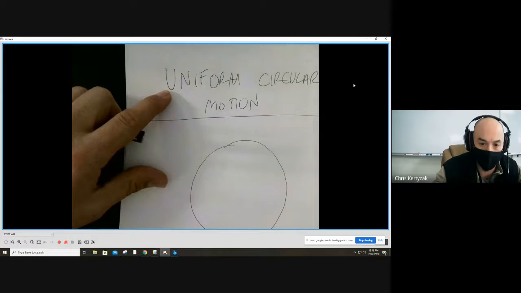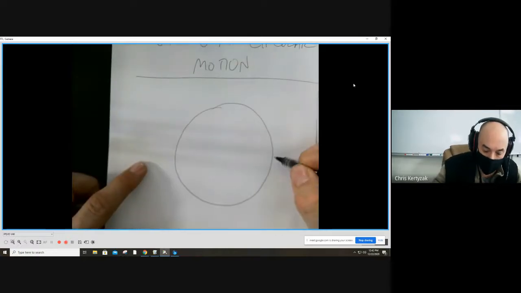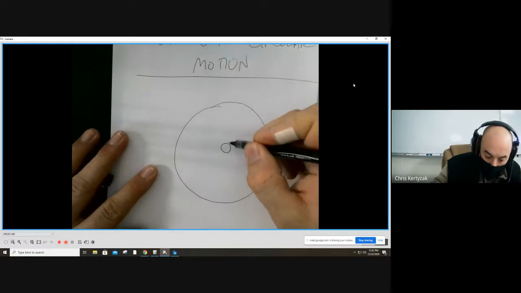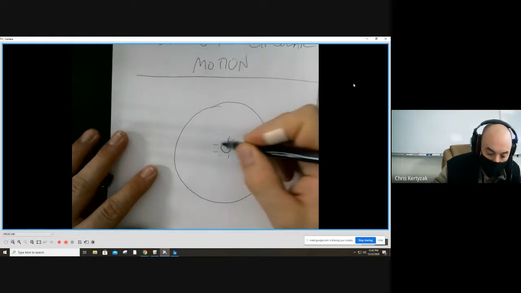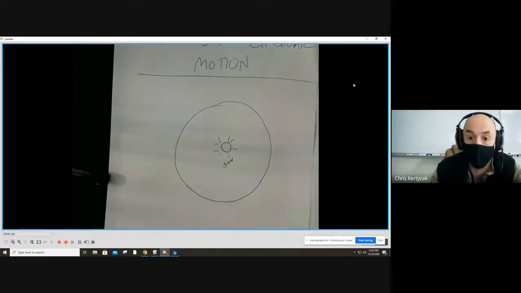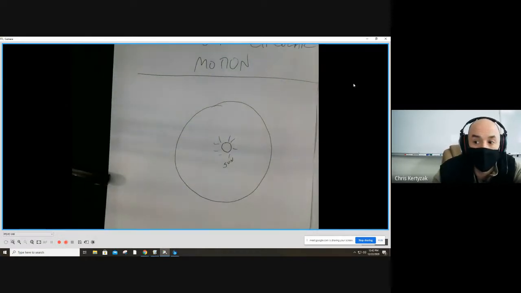right? So I'm going to draw, let's use the example of the sun. So let's say the sun is in the center, and that is actually one big section that you have to learn. We do circular motion as an entry-level discussion, and some of the concepts and formulas and things like that.